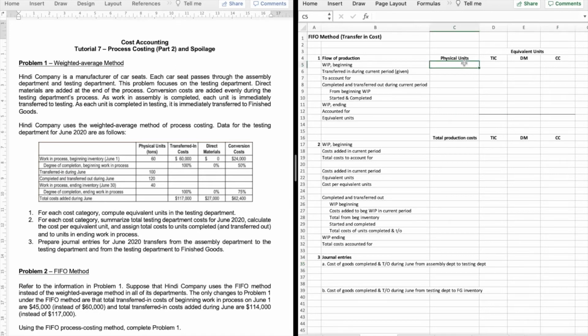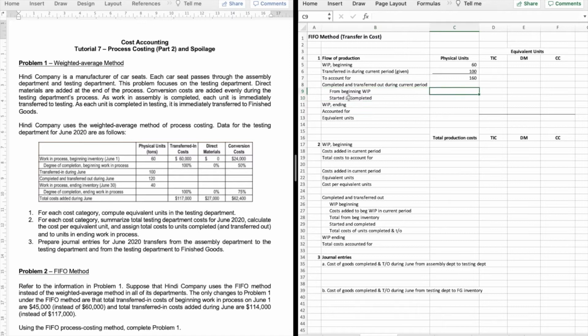Starting from the beginning work in process, we have the physical unit of 60, transferred in during current period is 100, so to account for, we have 160. And since we use the FIFO method, remember that when we want to calculate the completed and transferred out during current period, we will have to divide it into from beginning work in process and started and completed.